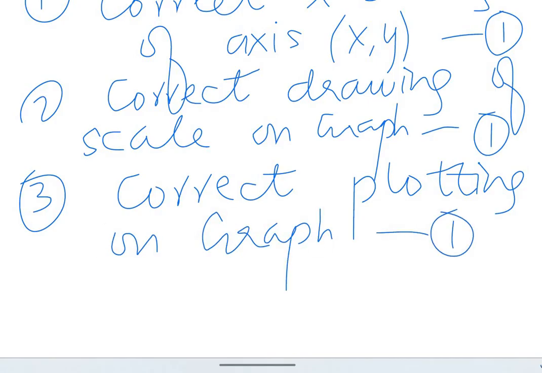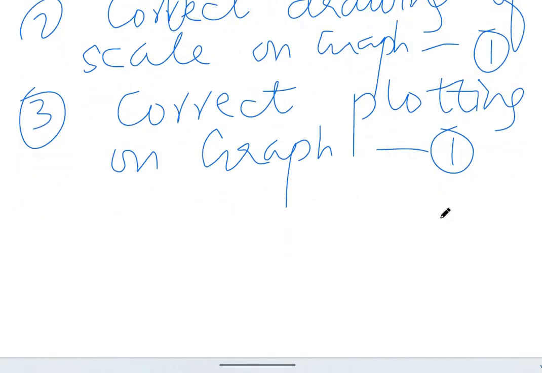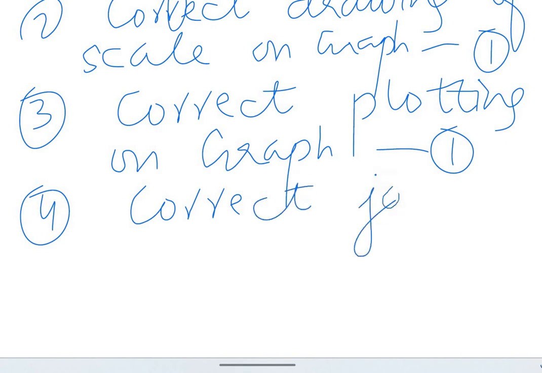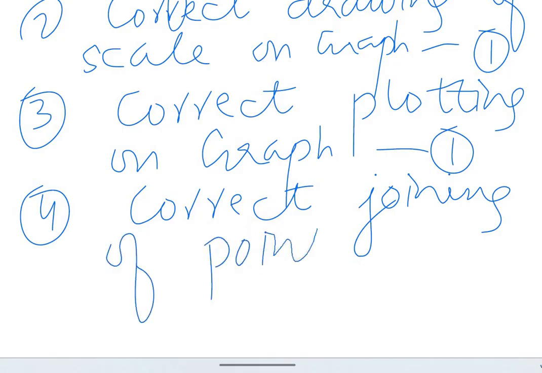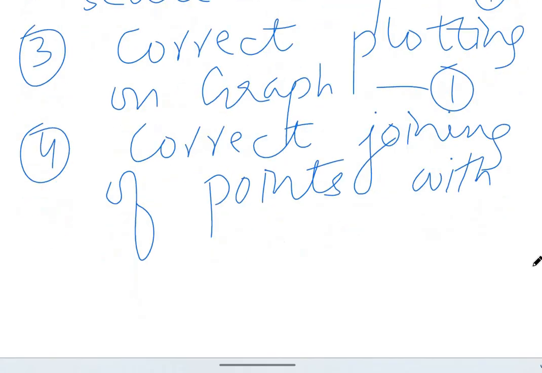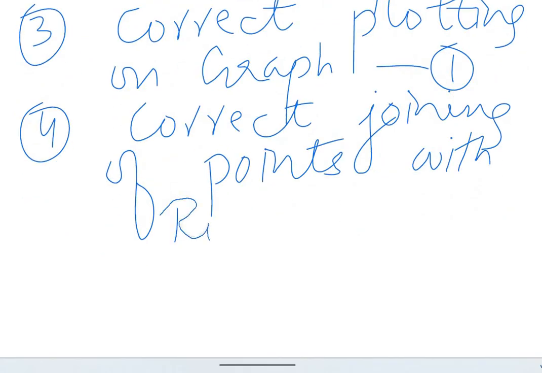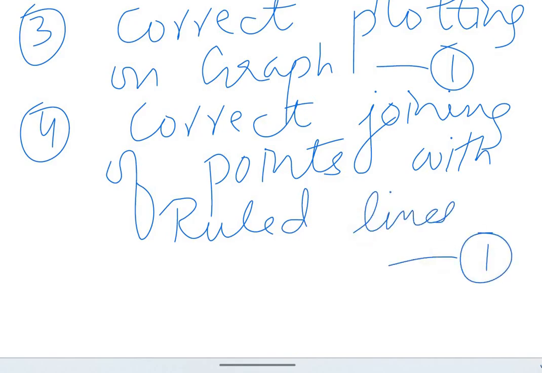This is 1 mark. And the last one is correct joining of points with ruled lines. This is also 1 mark.